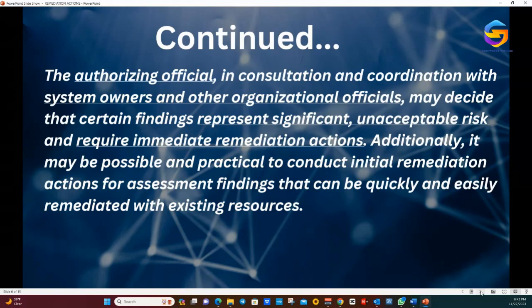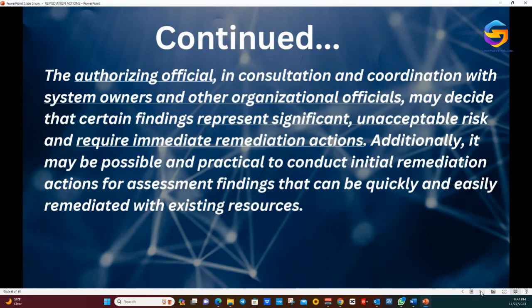For example, if the assessor goes out to assess and realizes that this control might cause a threat or is of high risk to the system, then it is reasonable to take care of it. We don't wait and say, let me finish and monitor it to that stage. No, you have to act immediately.